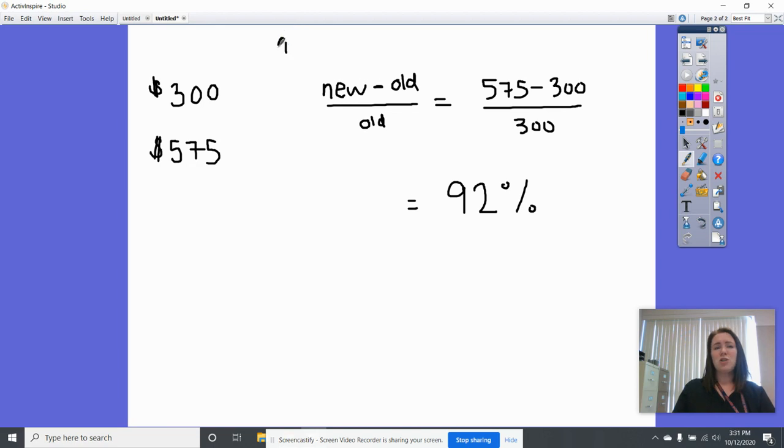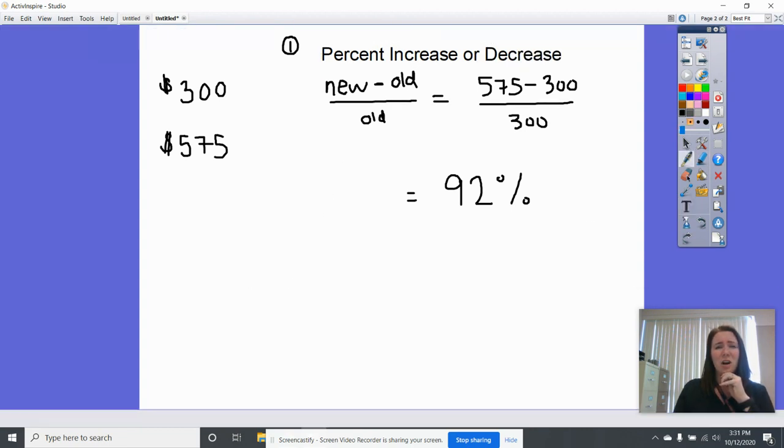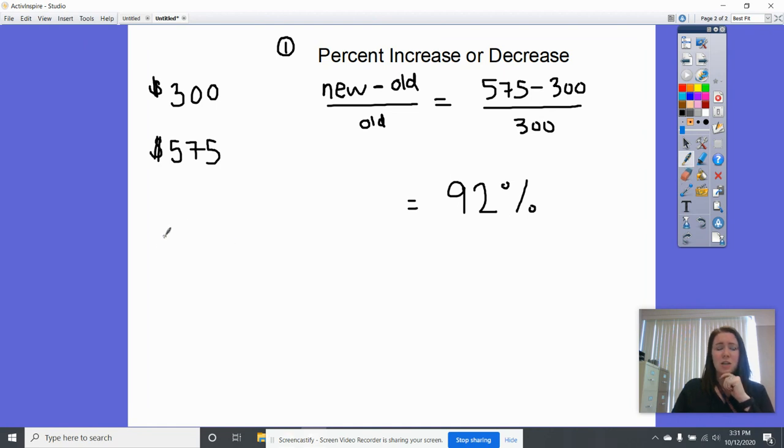So that was our first strategy. That's my favorite. I would totally use that whenever we're talking about percent increase or decrease. But if you're having a hard time remembering something new and you just want to always use that percent formula, that's fine too. So we have some unknown percent.